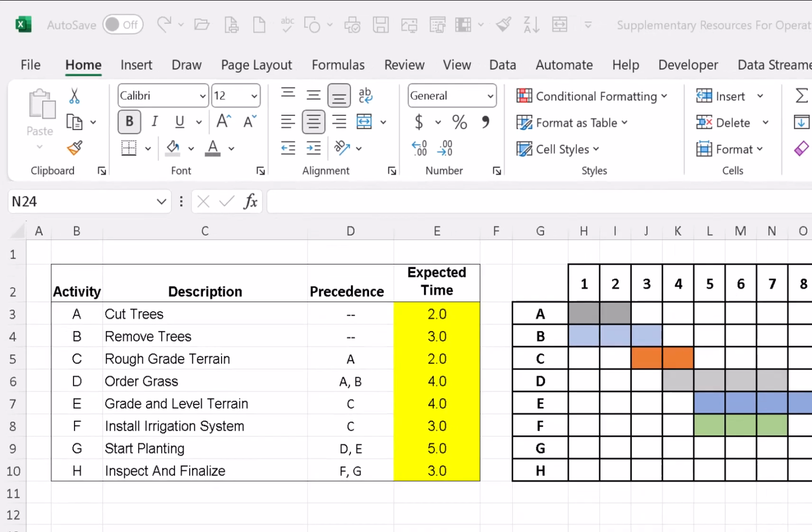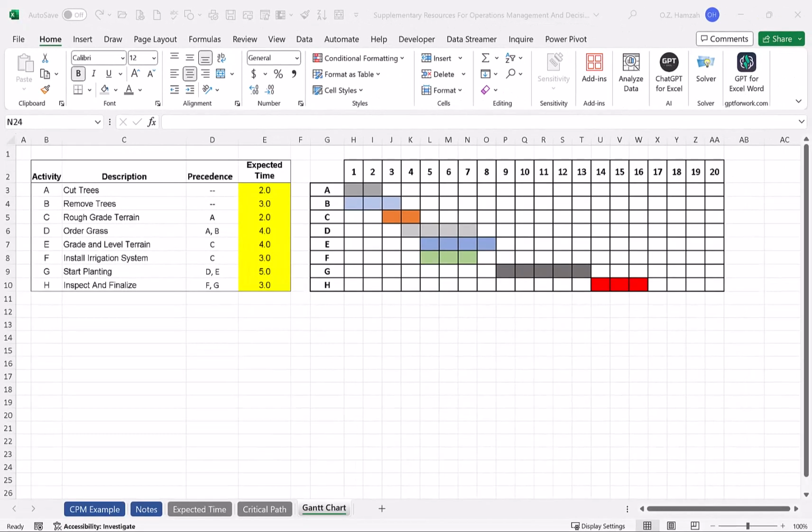And if we continue the same sequence of thoughts and highlight the cells in the spreadsheet accordingly, and I like to use a different color for each activity just to make it easy to follow, we will notice that the completion time is 16 weeks, almost identical to what the critical path method using the node diagram got us. So 16 weeks is the earliest that we can finish this project covering all activities.